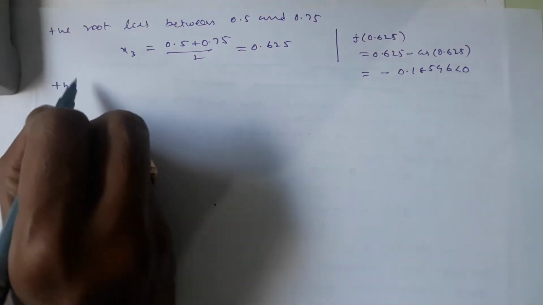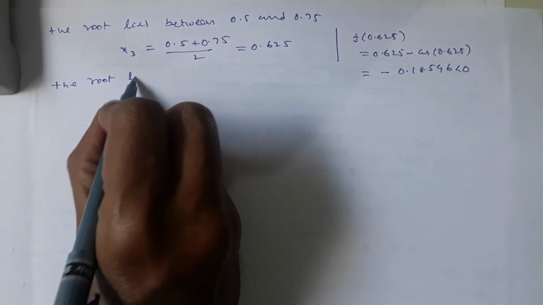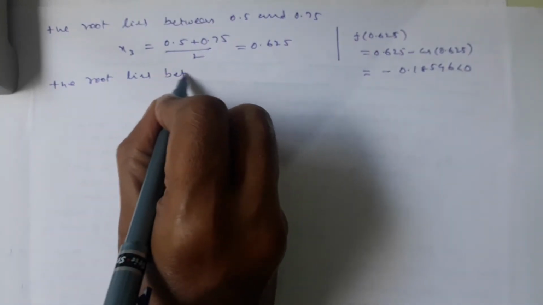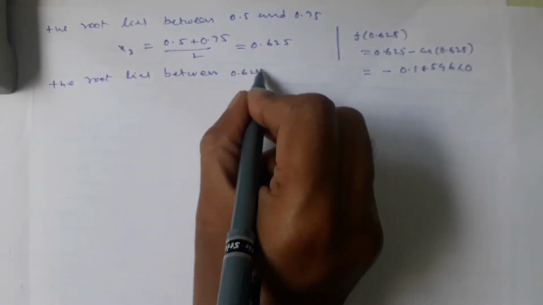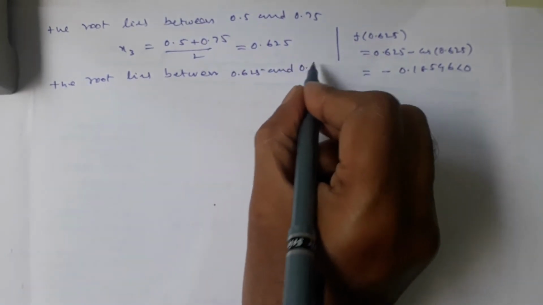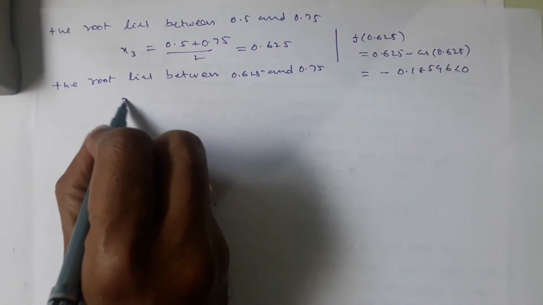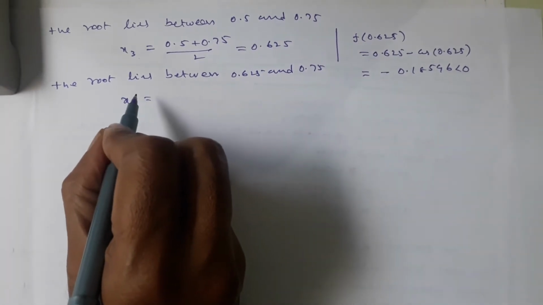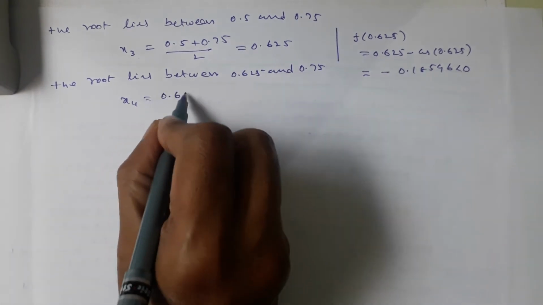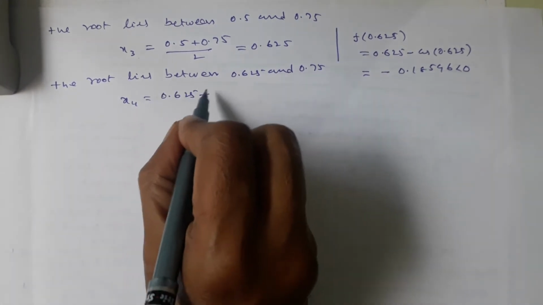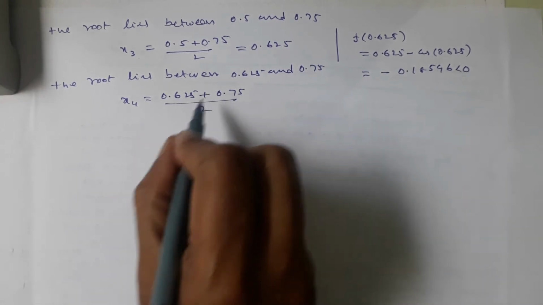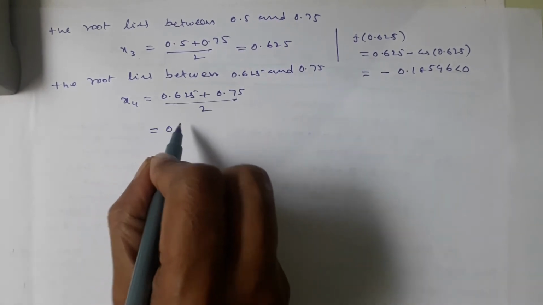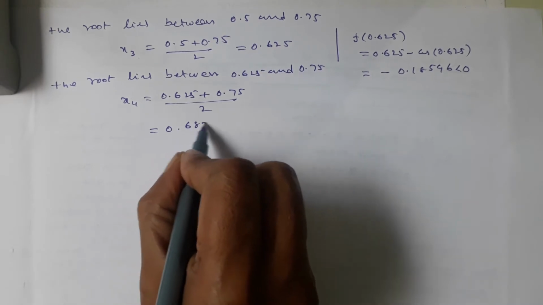So the root lies between 0.625 and 0.75. So that x4 is equal to 0.625 plus 0.75 divided by 2 is equal to 0.6875.